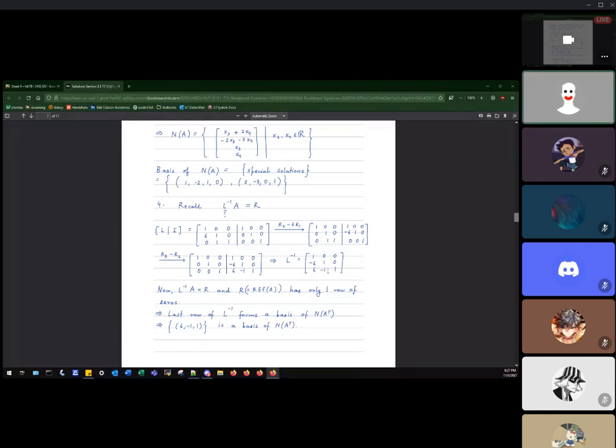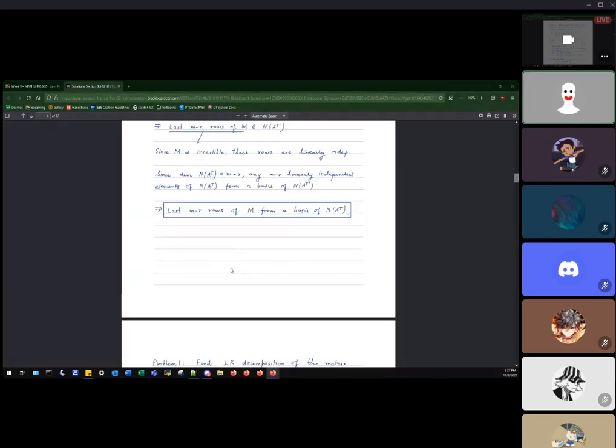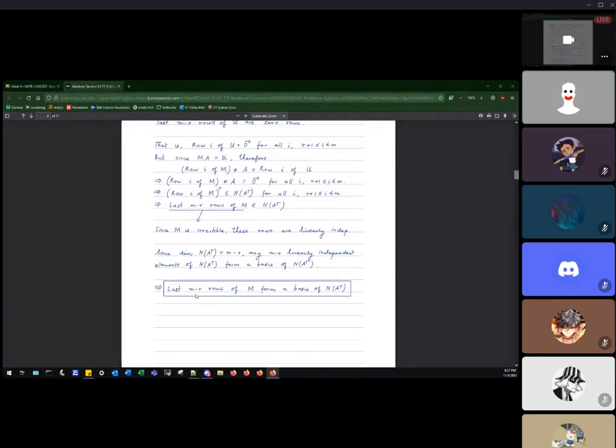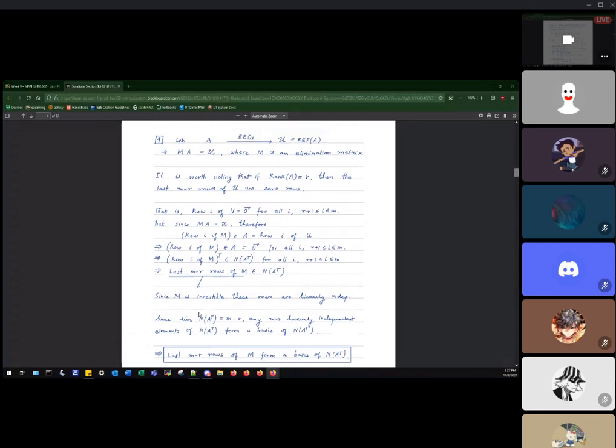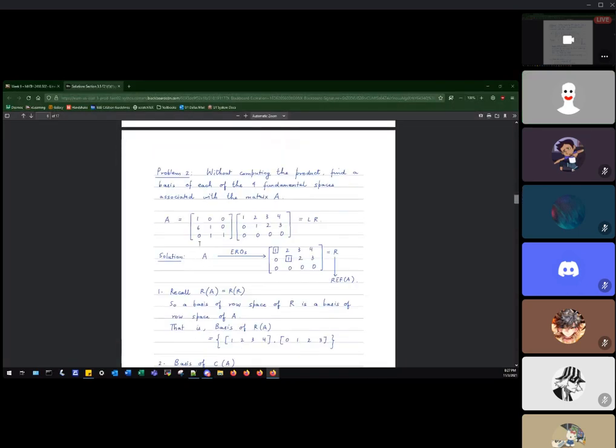finding just the last row because, if we go back up, you're looking at M minus R. R is the rank, I think. Yeah, R is the rank. M is the number of rows in the original matrix. So number of rows is 3.